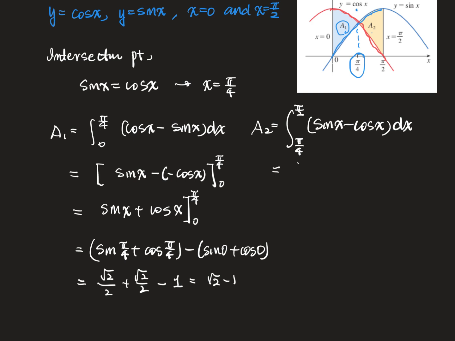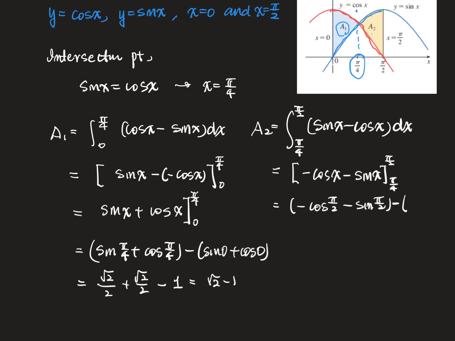Same process. What is the antiderivative of sine? That's negative cosine x. The antiderivative of cosine is sine, so negative sine x. From pi over 4 to pi over 2. You plug in negative cosine pi over 2 minus sine pi over 2, minus negative cosine pi over 4 minus sine pi over 4.